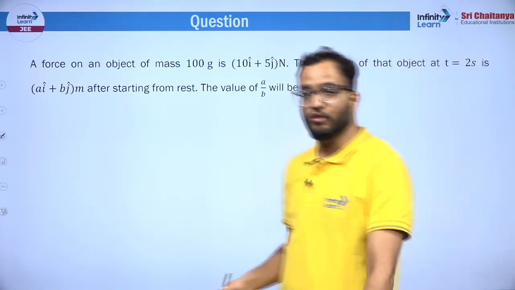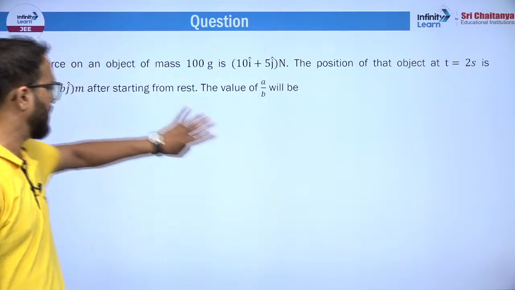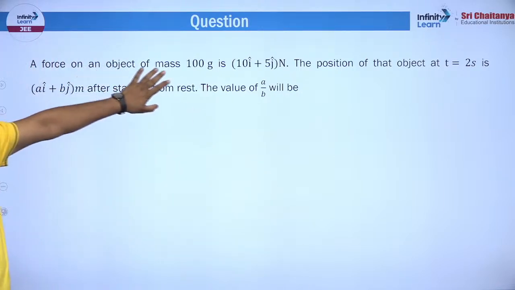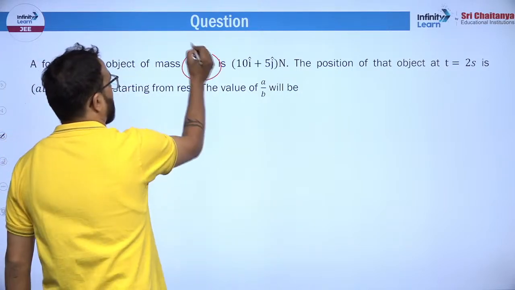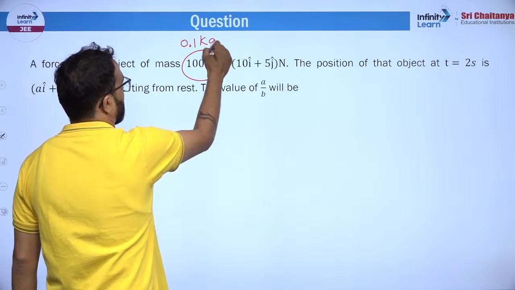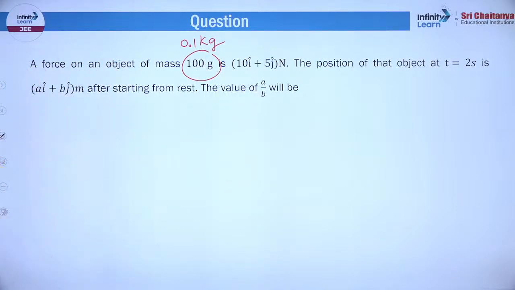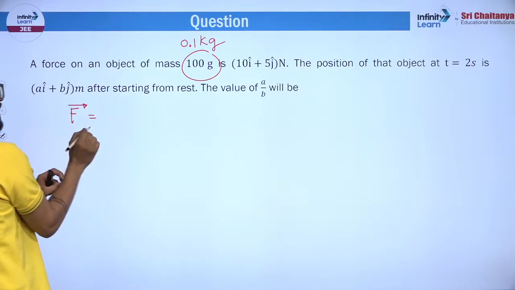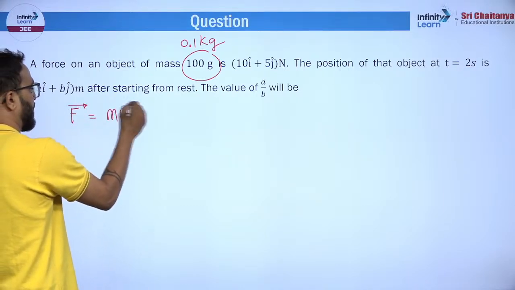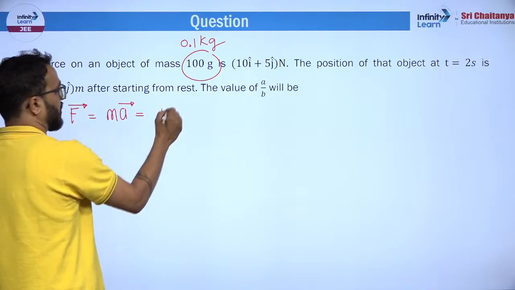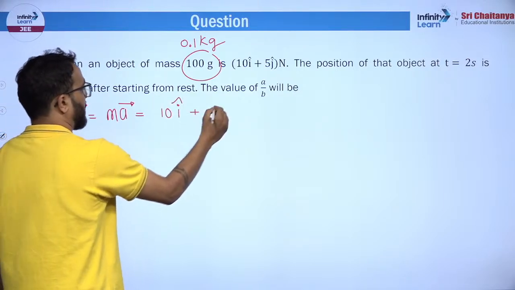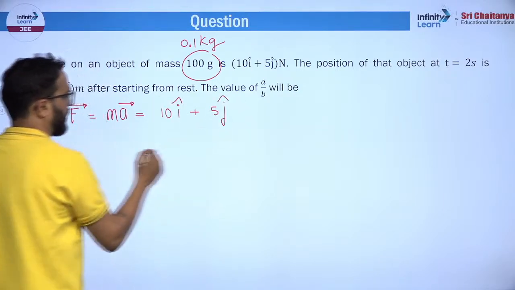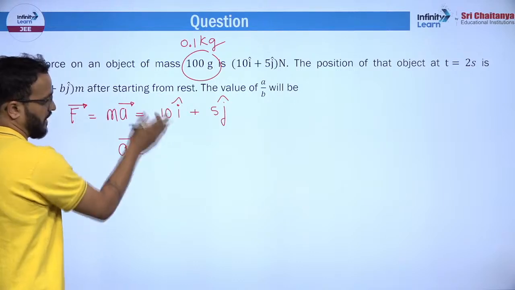चलो एक और क्वेश्चन। A force on an object of mass, मास कितना दिया हुआ है? 0.1 kg। The position of that object at 2 seconds is this. ओके फाइन, फोर्स इज गिवन। Vector F is actually m times vector A. This is 10 i cap plus 5 j cap. So what is vector A? 10 upon m.